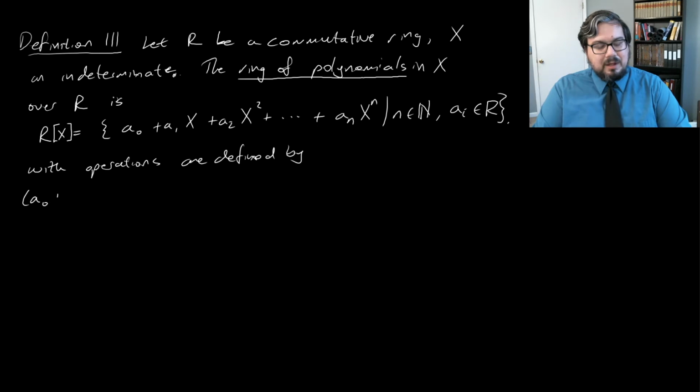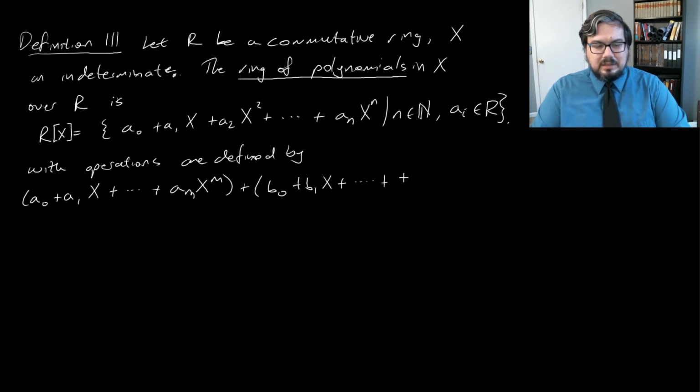If I have one polynomial a0 plus a1x plus dot dot dot plus am x to the m, plus b0 plus b1 x plus dot dot dot plus bn x to the n, then adding two polynomials is attained by just adding the coefficients together.